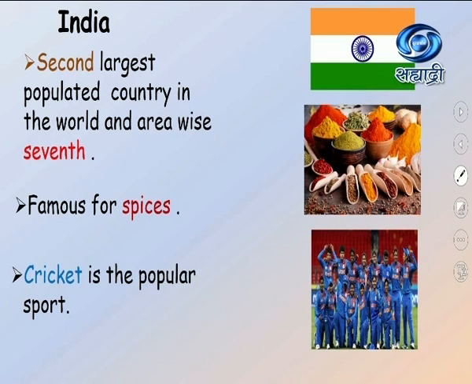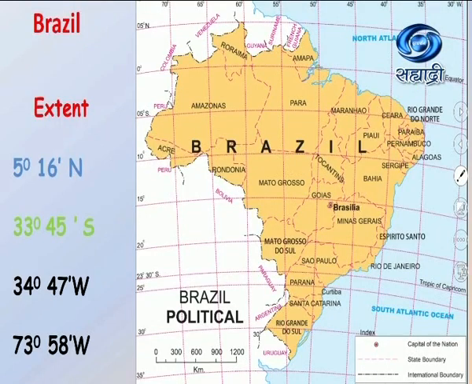And India is also very popular for its cricket as its popular sport. The picture shows over here the spices and the team of cricketers, which is very important to be known for this country. Now, let's move on to understand the extent of both the countries.